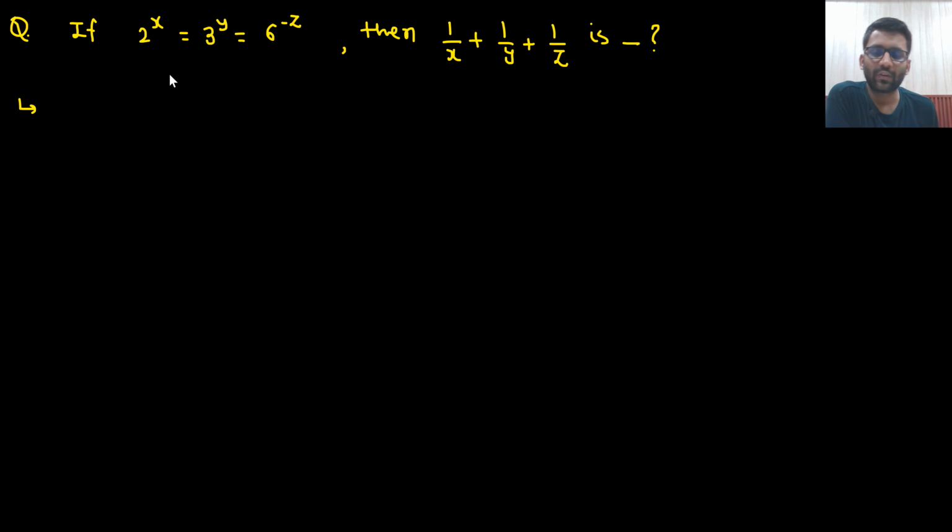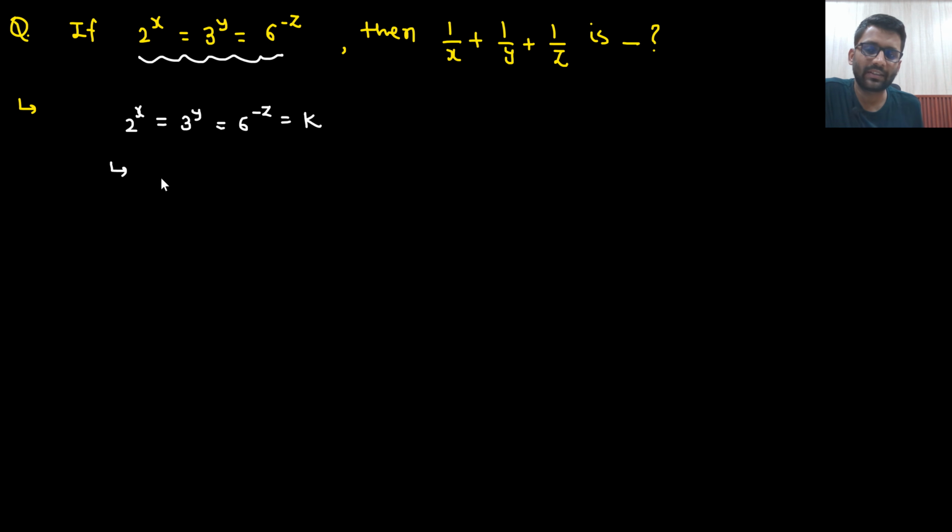These kind of questions are often asked, that these kind of numbers are equal. So what you will do, you will always equate these numbers equal to some number k. So 2 to the power x is equals to k, right?